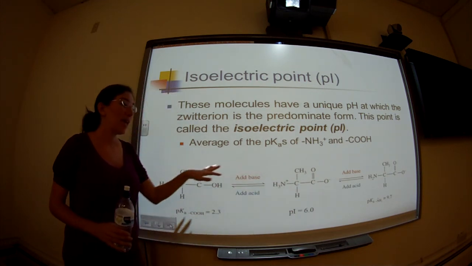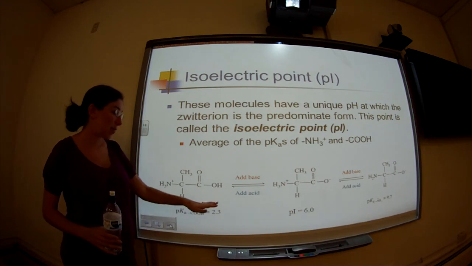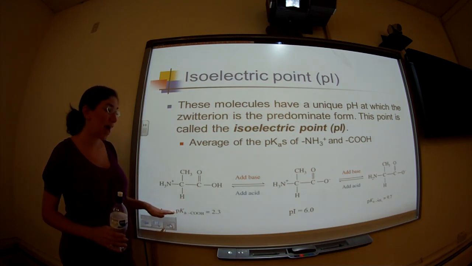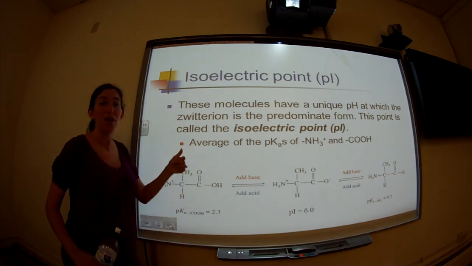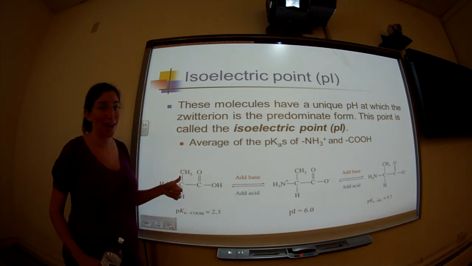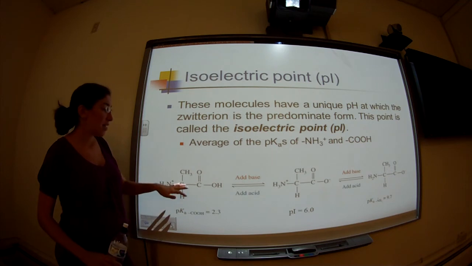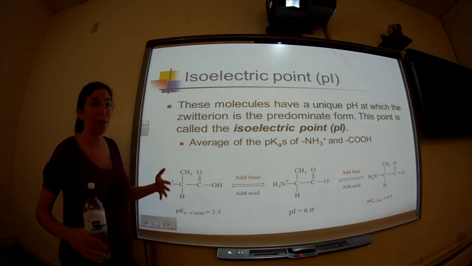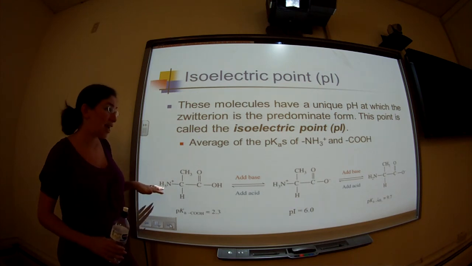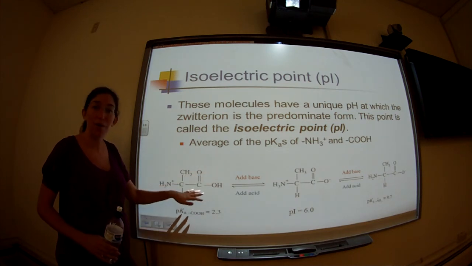And then as the pH gets lower, so as you add acid, it means the hydronium ion concentration is higher, okay? In an acidic environment, there's more hydronium ions, there's more free protons. So in that environment, the acid gets reprotonated.